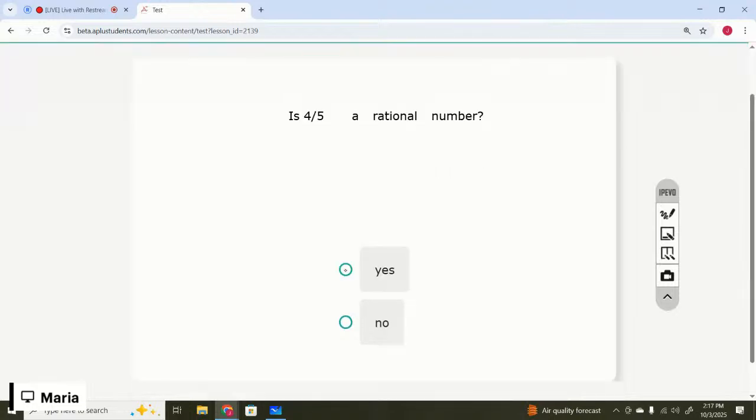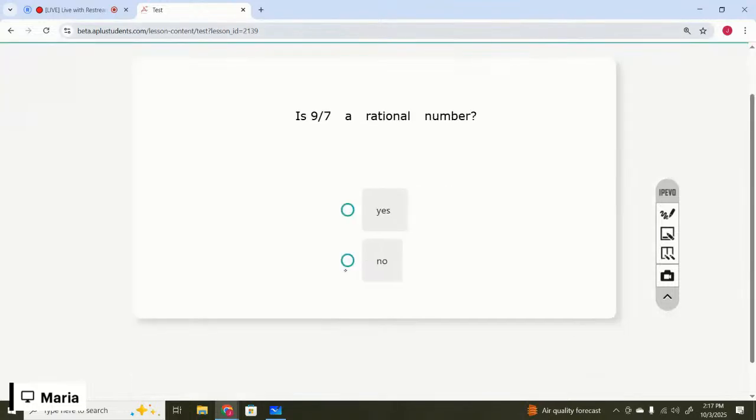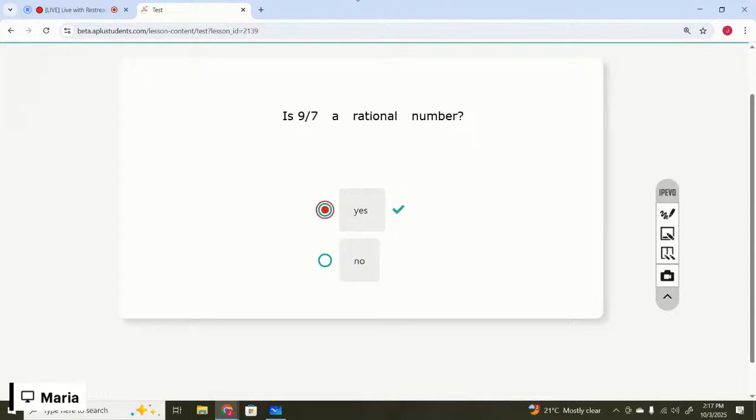Yes, it is, because it is already written in the form of a by b. So it is a rational number. Is 9 by 7 a rational number? Yes, it is a rational number.